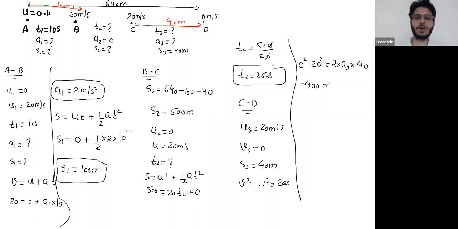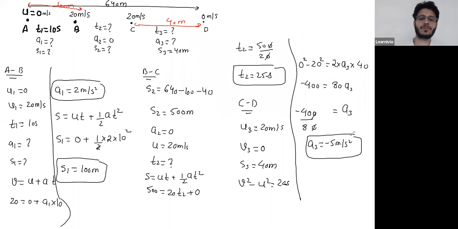So minus 400 is 80 a3. Your a3 is minus 400 by 80, which is minus 5 meter per second square.